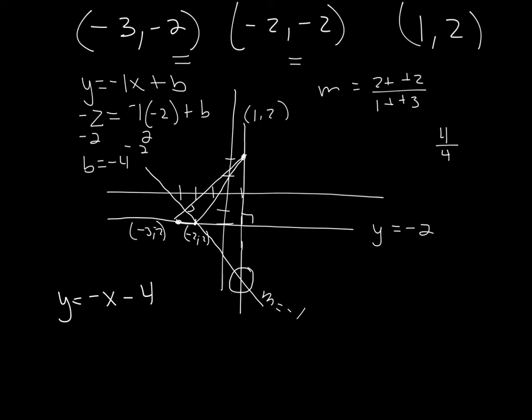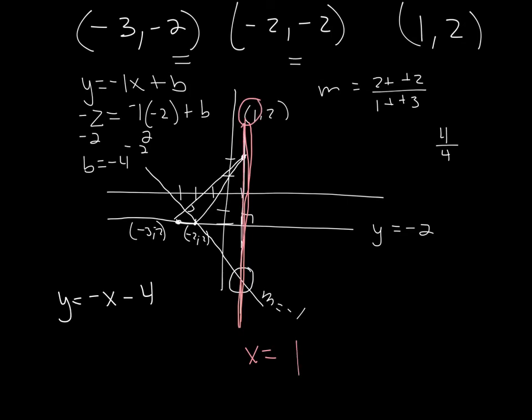What do I know about that orthocenter? What value do I know? I know the x value, right? Because it is on this vertical line. What is the x value? Well, it's the x value of my vertex up here, right?